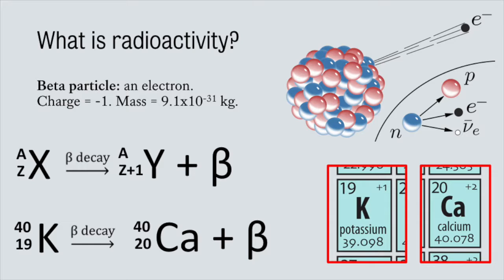This is what I've written down in the form of an equation in the middle of the slide. Here I've represented as an equation the element X decaying to the element Y via the emission of beta radiation. How does this happen? As I said, the total number of nucleons in the atomic nucleus stays the same.